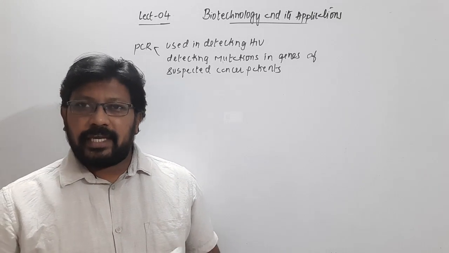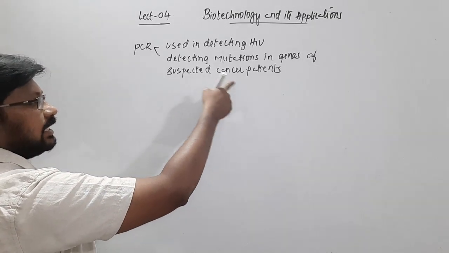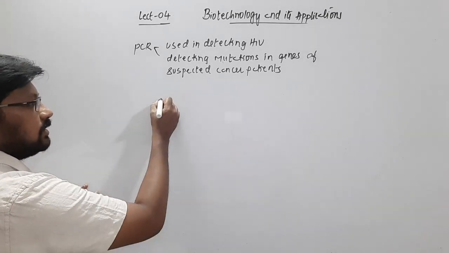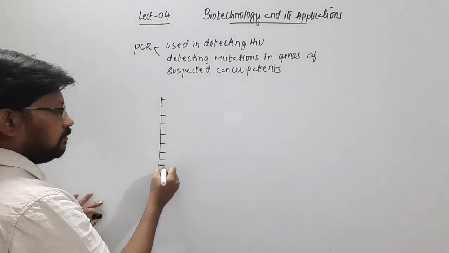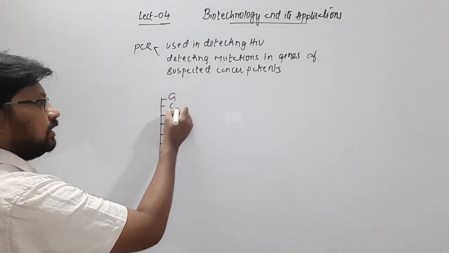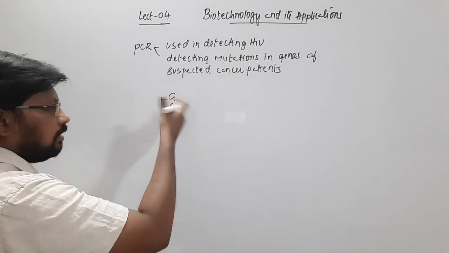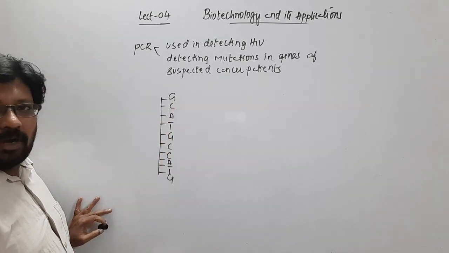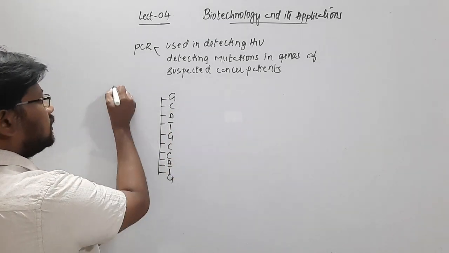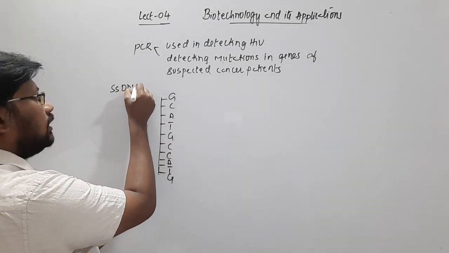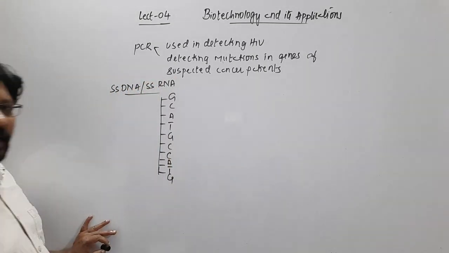And when you take the DNA of the suspected cancer patient, and if there is a mutation, say GC, so suppose this is the normal sequence of a gene, either single stranded DNA or single stranded RNA that I'm going to take.